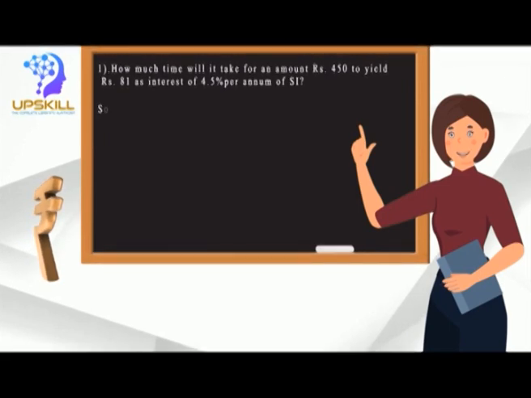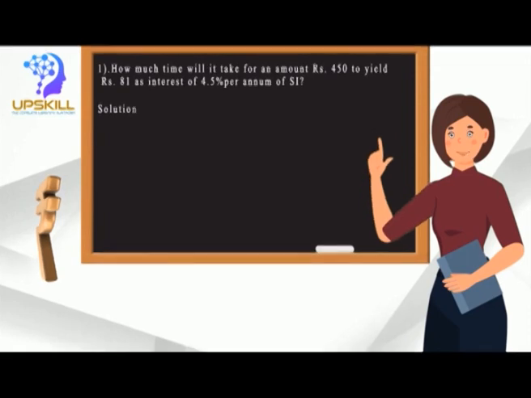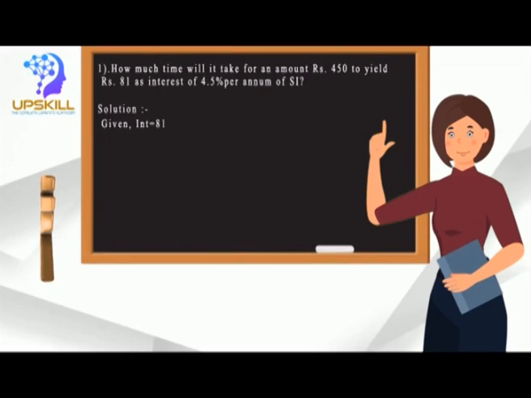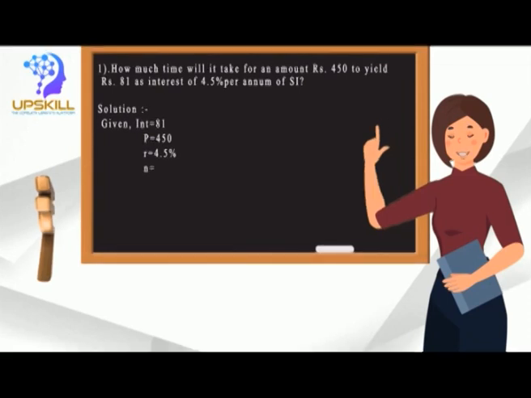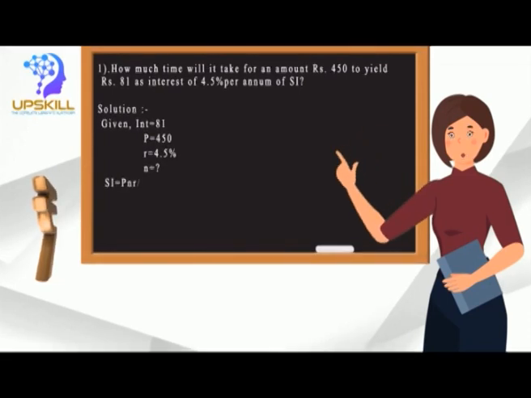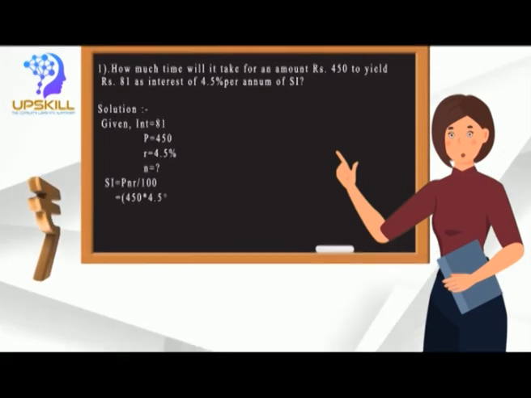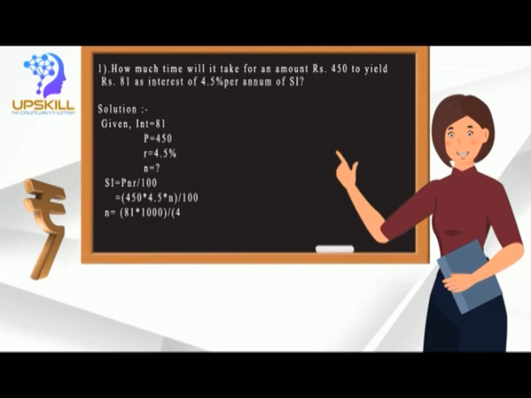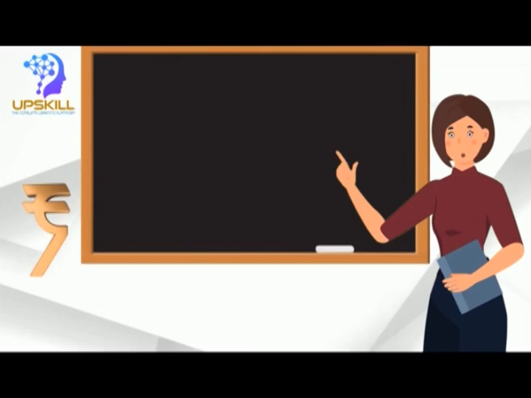Here it is given that the interest is 81, P is equal to 450, R is equal to 4.5%, which will be equal to 4.5 by 100. By substituting these values in the equation, we get 81 is equal to 450 into n into 4.5 divided by 100. Therefore, n is equal to 81 into 100 divided by 450 into 4.5, which will be equal to 4 years.